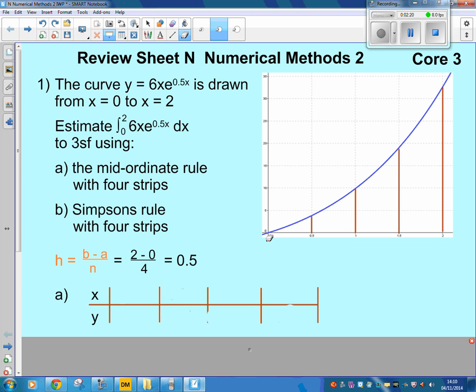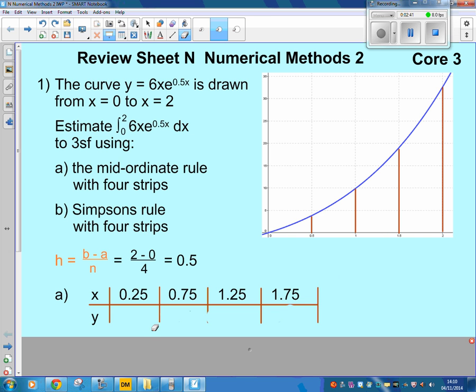Halfway between 0 and 0.5 is 0.25. Middle of 0.5 and 1, 0.75. Middle of 1 and 1.5, 1.25. 1.5 up to 2 is 1.75. So I'm finding the x-coordinates in the middle of each strip.